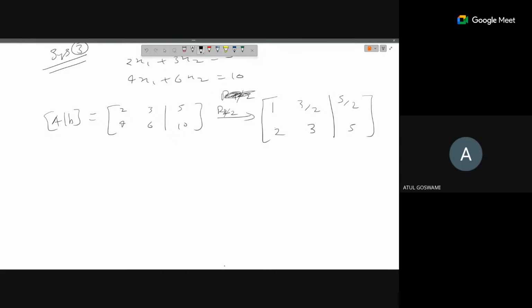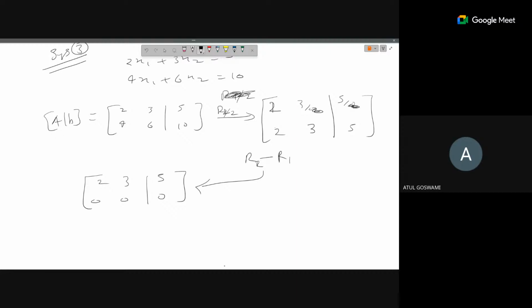Row 1 keep as it is, 2 3 5. Now these two are the same, so row 2 minus row 1. What do we get? 0 0 0, and 2 3 5.